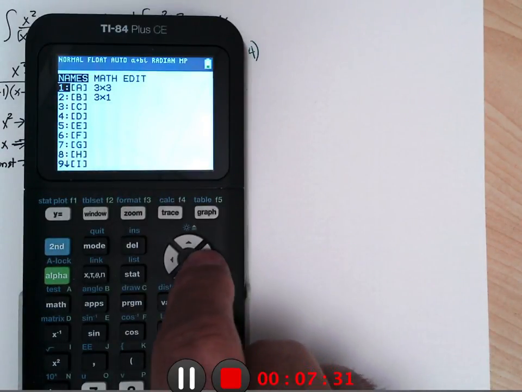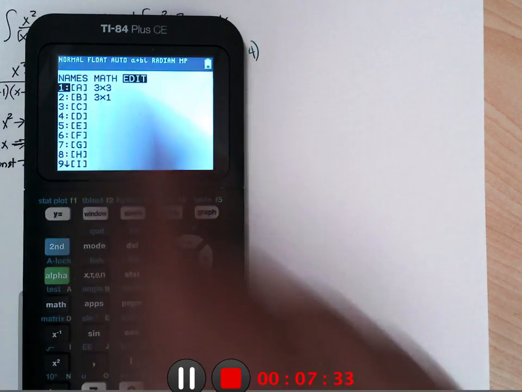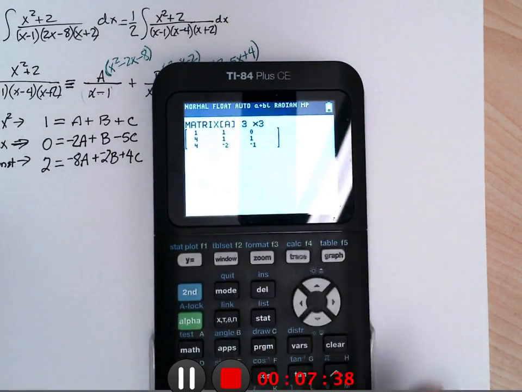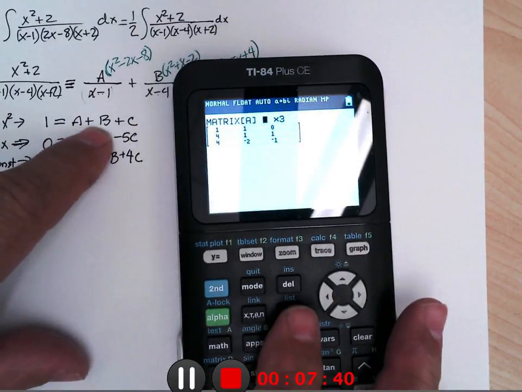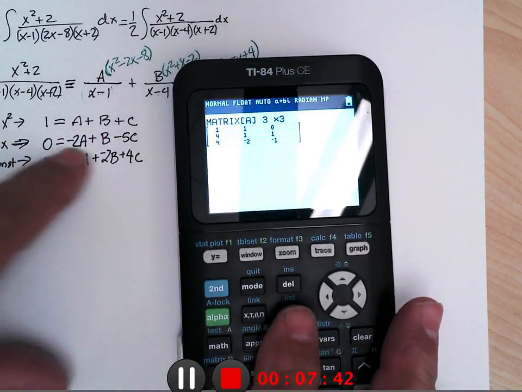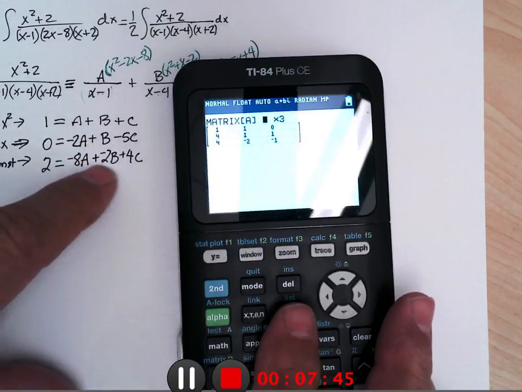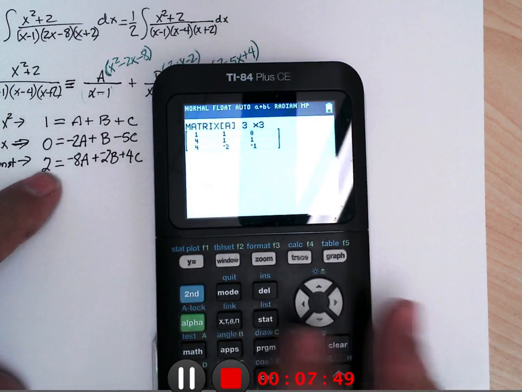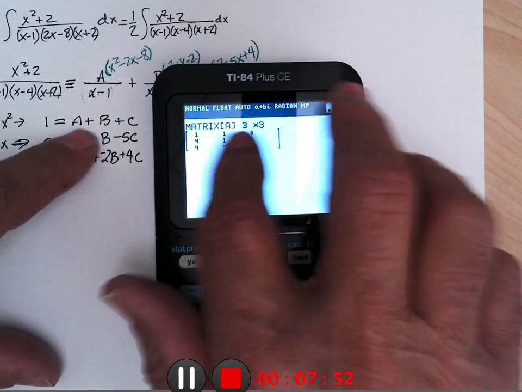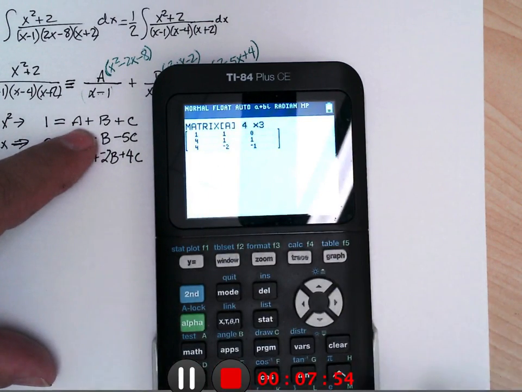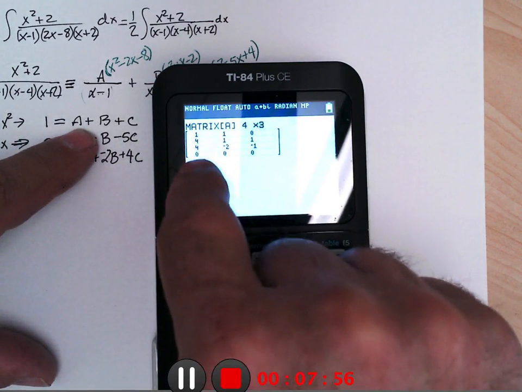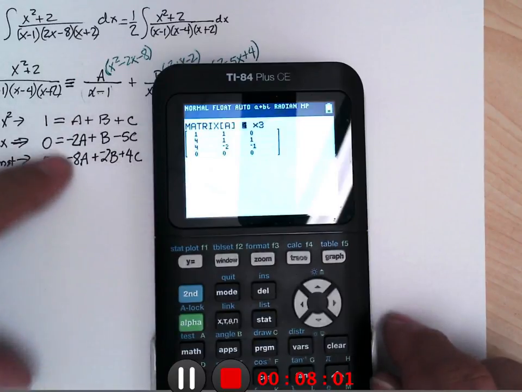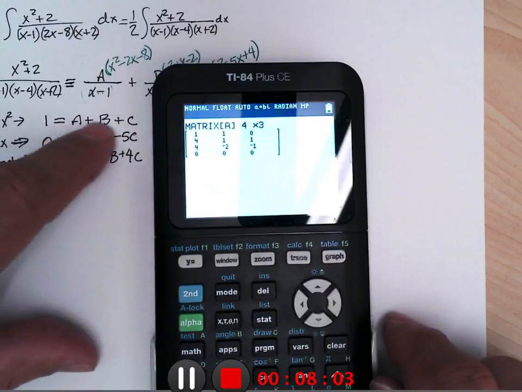I'm going to make A my coefficient matrix. By that I mean how many A's, B's, and C's are in this equation, how many in this one, and how many in this one. I have to do them in that order, all organized. And that's a 3 by 3. I could change this to a 4 by 3, and I'd have 4 lines and 3 columns, but I want 3 by 3 because there are 3 coefficients for each of the 3 equations.